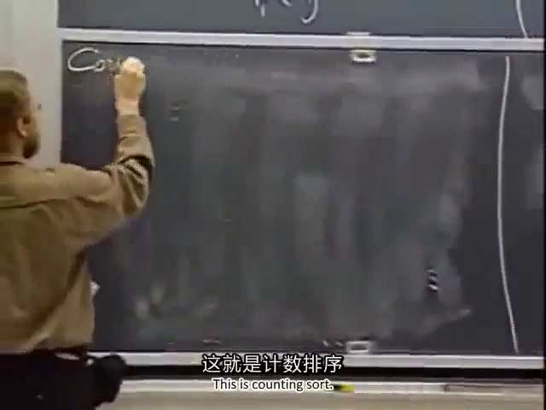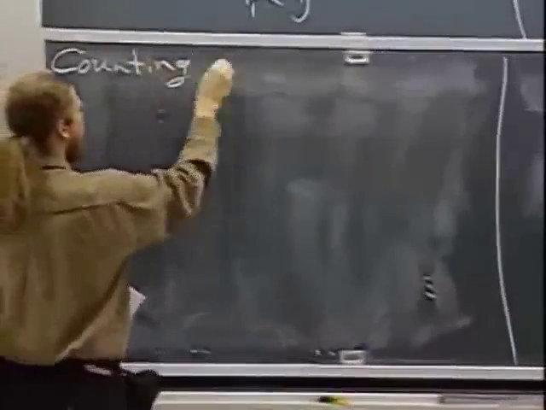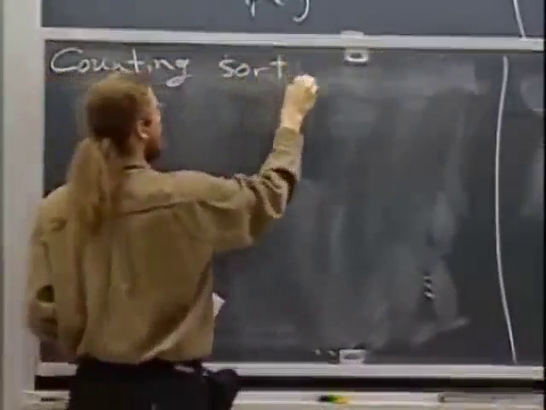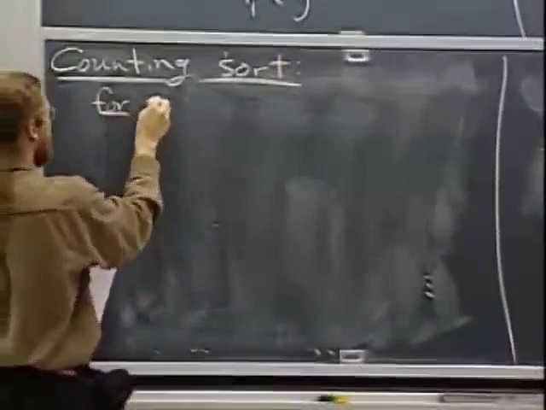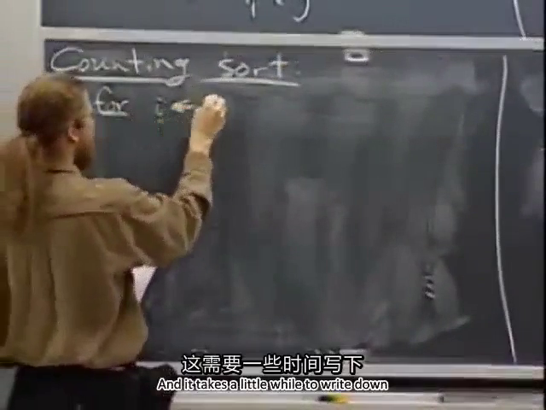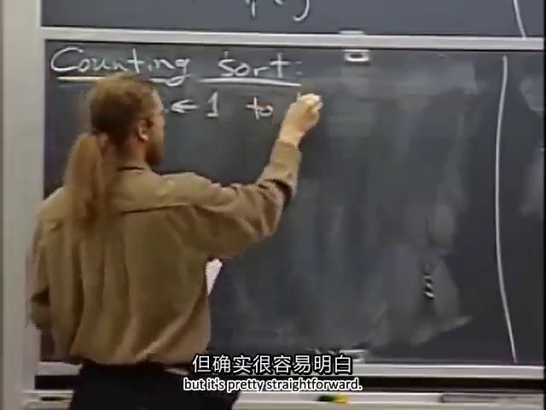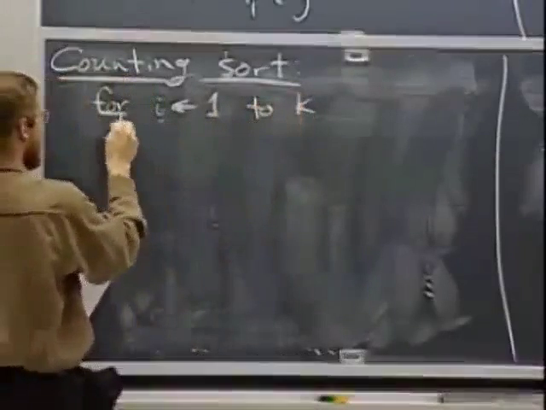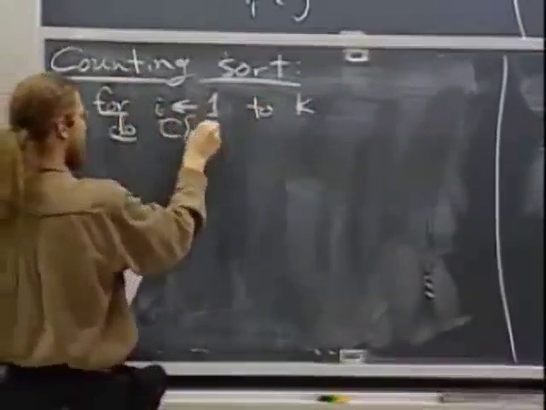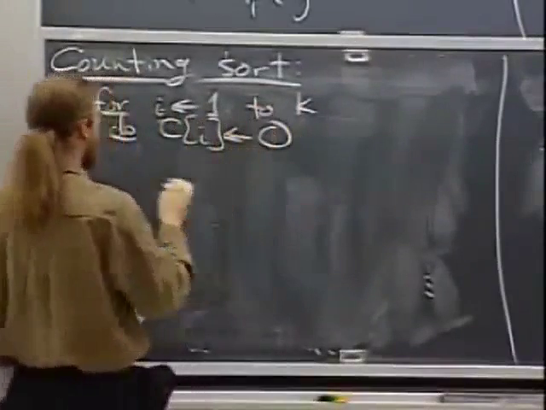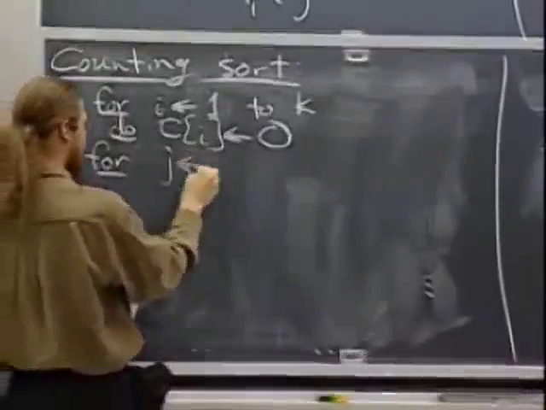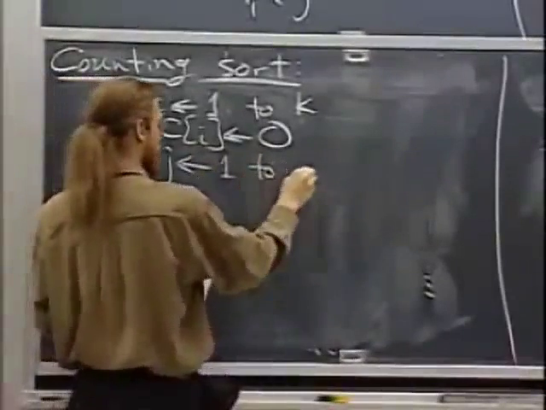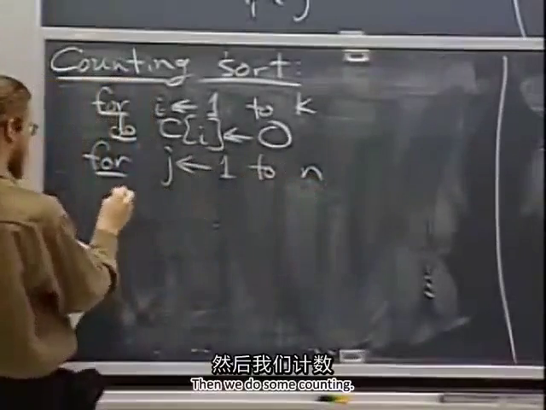So this is counting sort. It takes a little while to write down, but it's pretty straightforward. First we do some initialization. Then we do some counting.